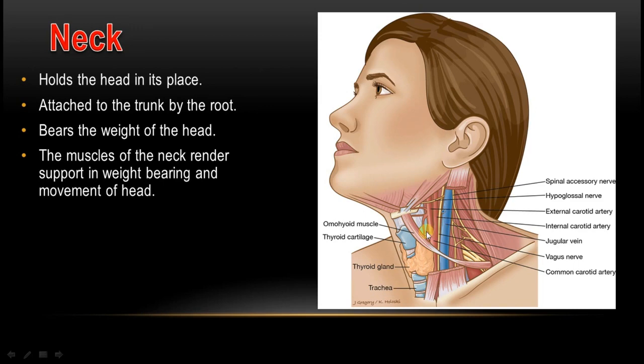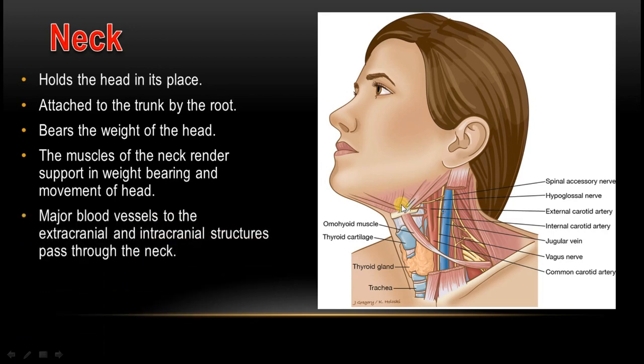So they support the weight of the head, and they are also involved in the movement of the head. The various movements of the head, side to side or lateral movement, or your nodding movement, are all rendered by the muscles which pass from the head to the neck or from the neck to the head.